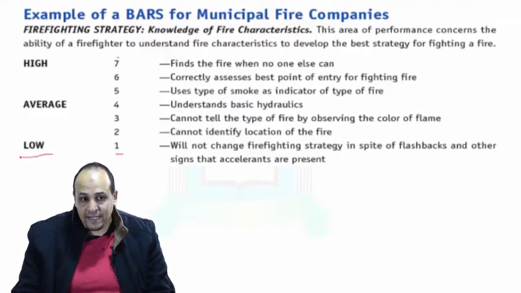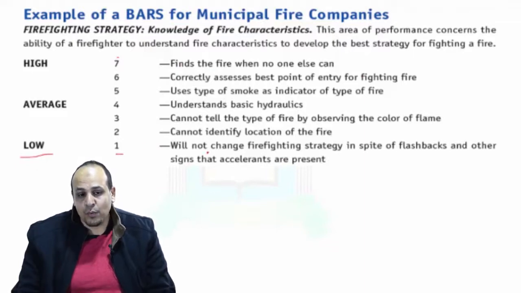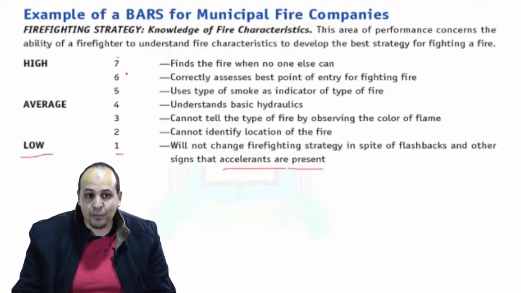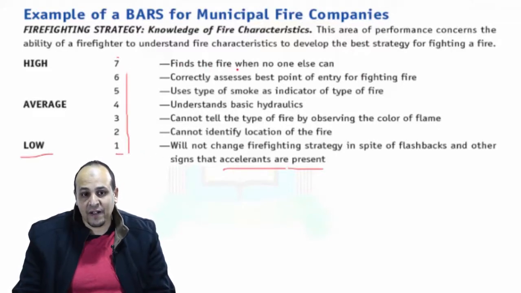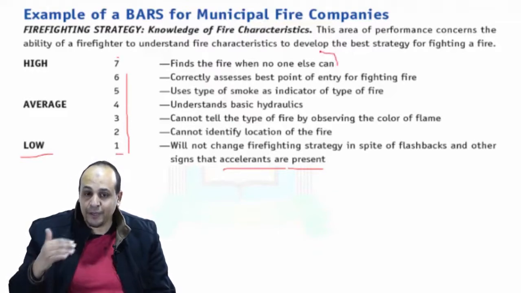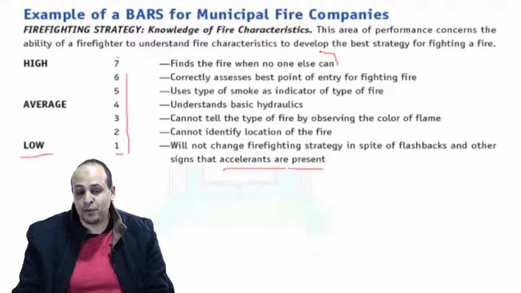So 1 here is low: does not change firefighting strategy in spite of the flashbacks and other signs that accelerants are present. From 1 upward to 7, finds the fire when no one else can. Now this is an example of a superior kind of capability in performance.